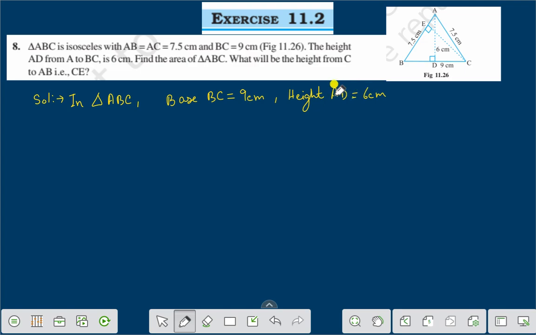This is AD, right? And we know that the area of a triangle is equal to half into base into height.